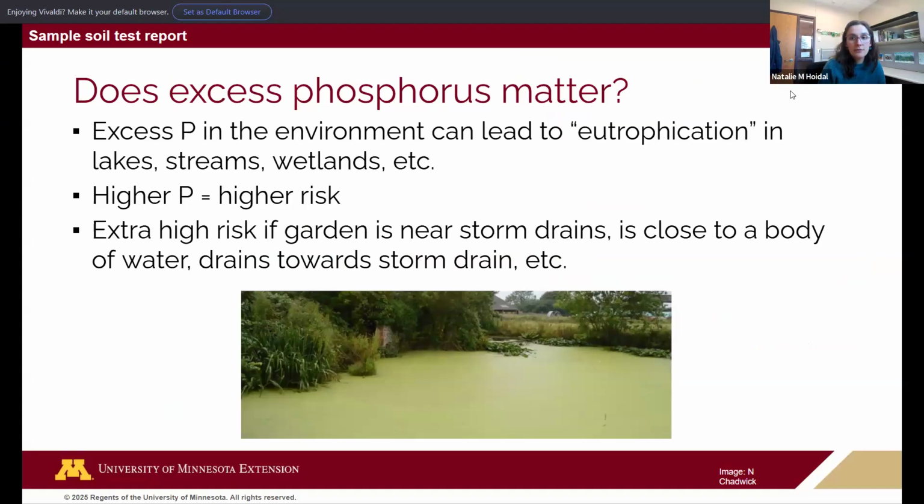And when phosphorus leaves our farm, usually through surface runoff and erosion, but potentially also through leaching, that can not be great for our freshwater ecosystems. And especially if you're in an urban area and your garden is near a storm drain, or you're really close to a water body, you're farming near a lake or a river, you want to be really extra careful.